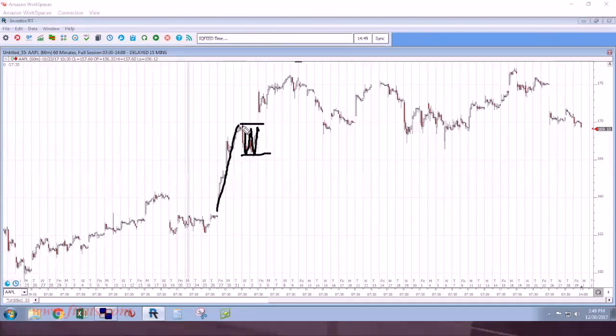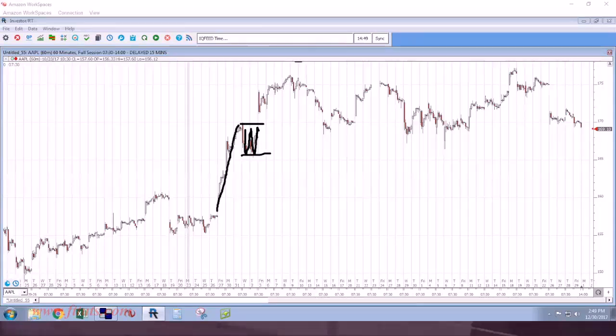So this is the rest, and rest always comes after a move. So think about this: if you can identify a period of move, a directional beginning, then you know right now what is going to come next. And that's going to be rest.